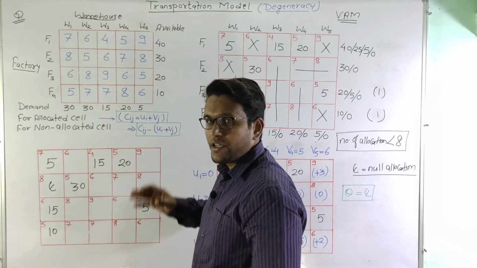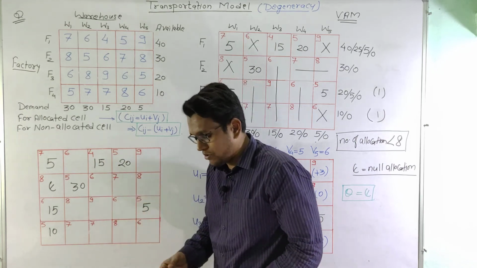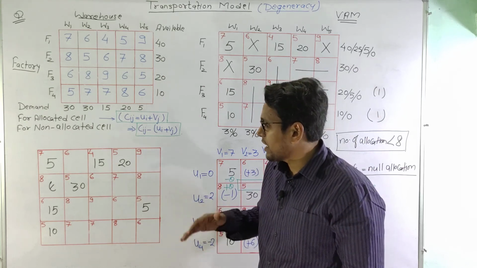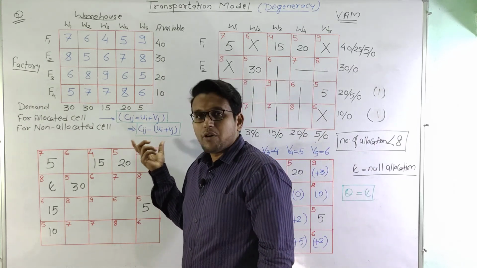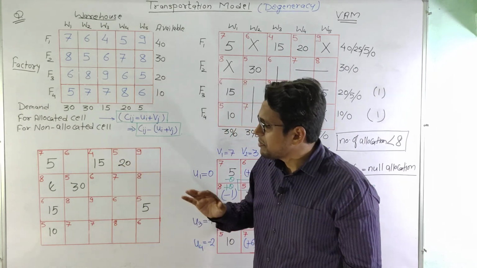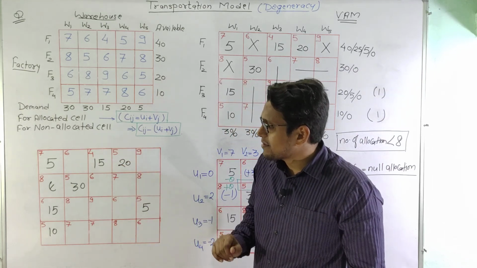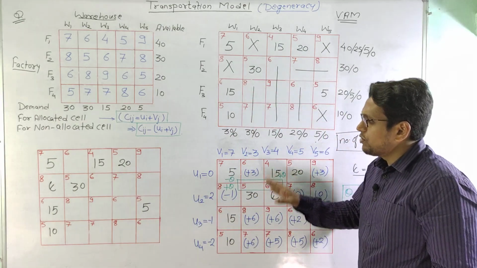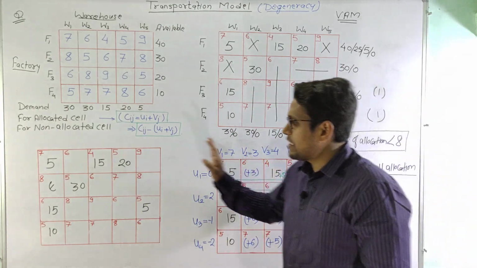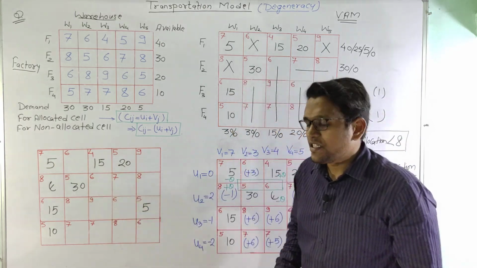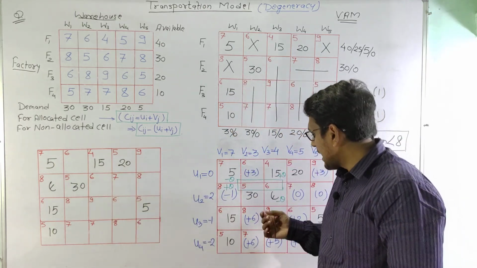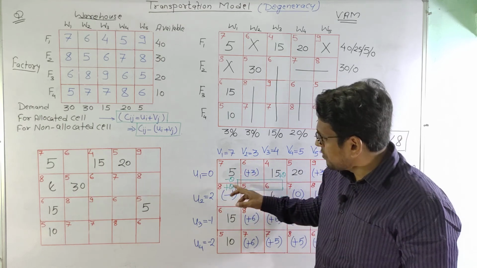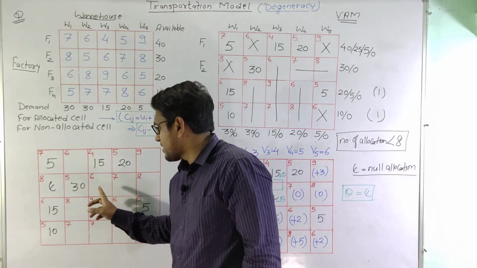So this is our new improved basic feasible solution, and to check the optimality, we will again use the modified distribution method. But before doing that, we need to understand that from the previous matrix our solution does not change here. The only thing it changes is that the epsilon has been shifted from one place to another.